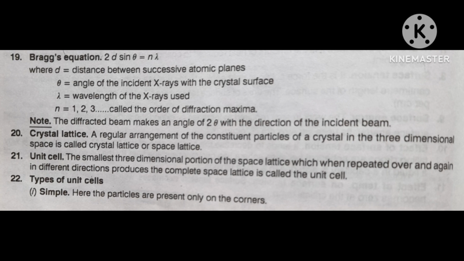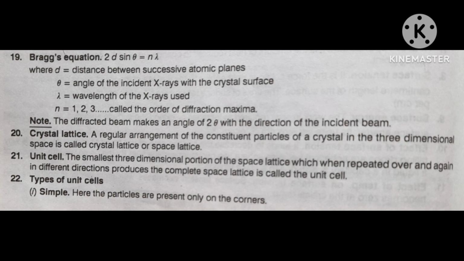Like that, a unit cell is one part, the smallest three-dimensional portion. In a brick you see length, breadth, height is there. Or in a cube, if you consider a cube, then also length, breadth, height is there.